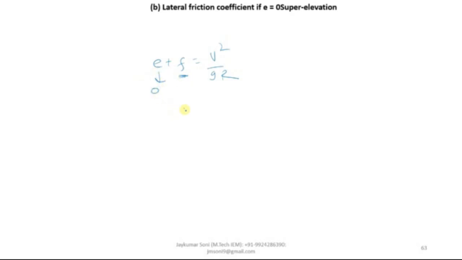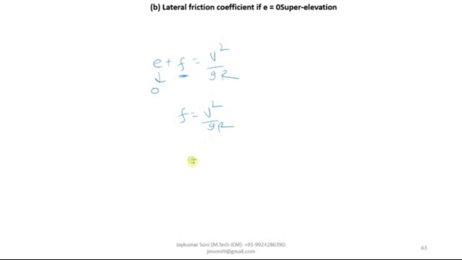Now let us move towards another thing, which is lateral friction coefficient, and consider super elevation as 0. Let us take this equation, E plus F is equal to V square by gR. You have to find F and take E as 0. So F is equal to V square by gR.